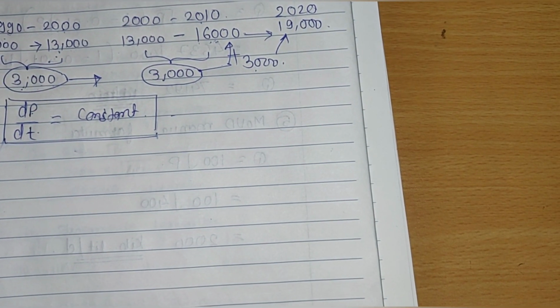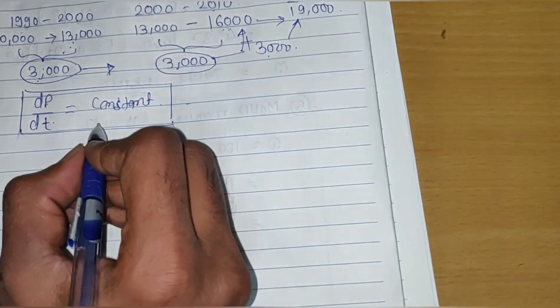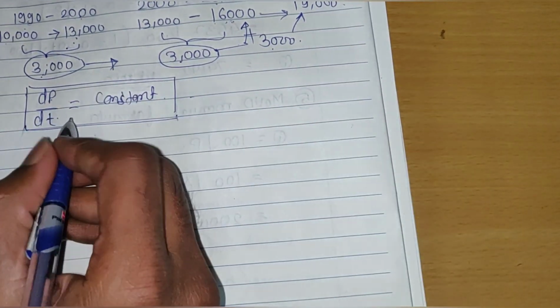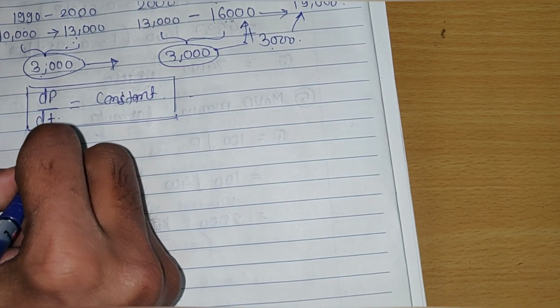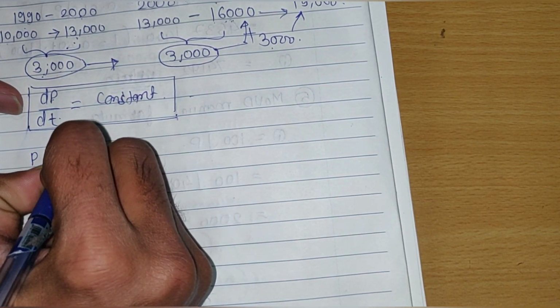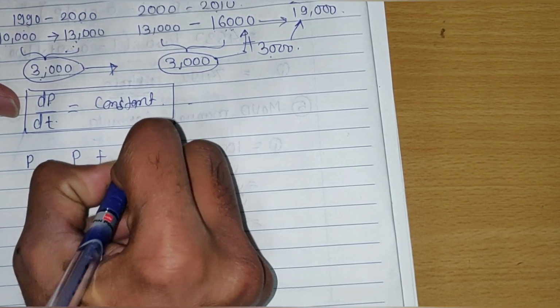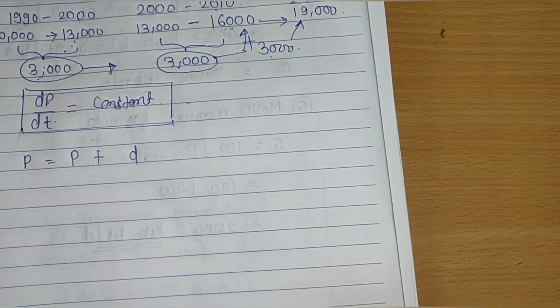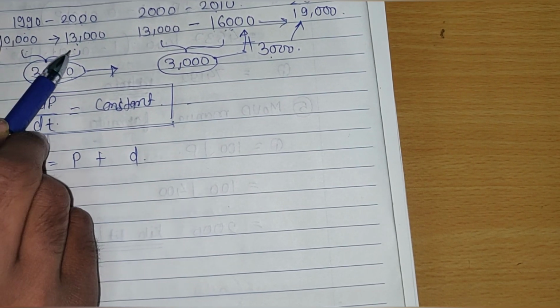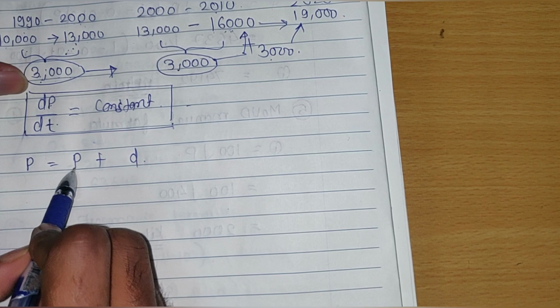That means you can write the formula as: population is equal to present population plus difference in the decade. Here the difference in the decade is 3,000, which I have added to the previous population.